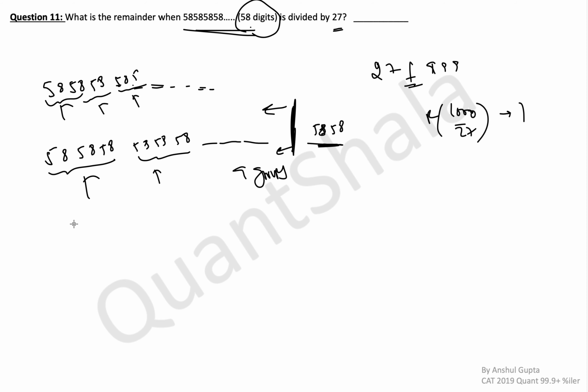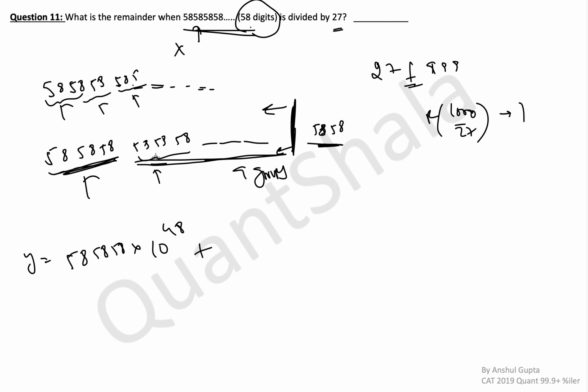Okay. Let's call this actual number X, and this number on the left, which is 54 digits, I'm going to call it Y. So what is Y if you see? Y has 54 digits. If you start from here, you get 585858 multiplied by 10 raised to power, how many zeros will be here? 54 digits minus 6, so 10 raised to power 48, plus.